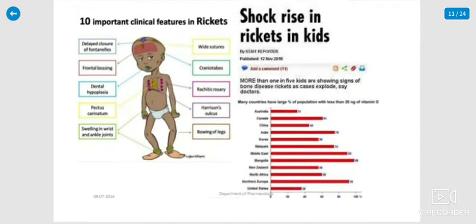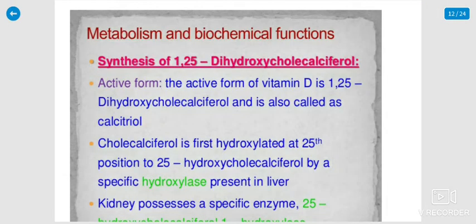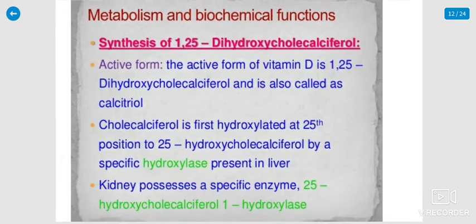Rickets is one of the major deficiency diseases of kids. There are so many problems, such as delayed closure of fontanelles, and so many difficulties in kids with rickets. Now the metabolism and biochemical functions.